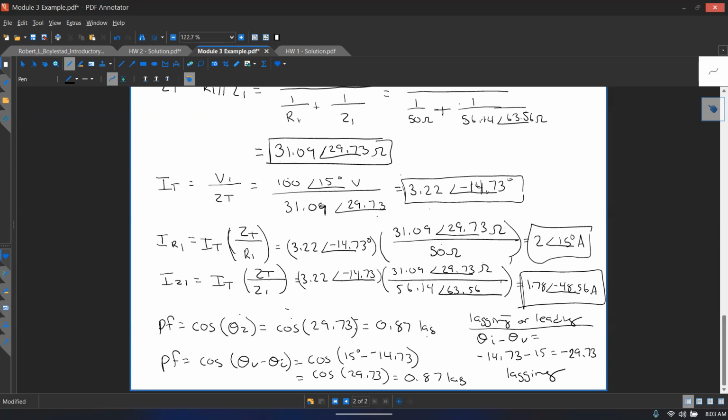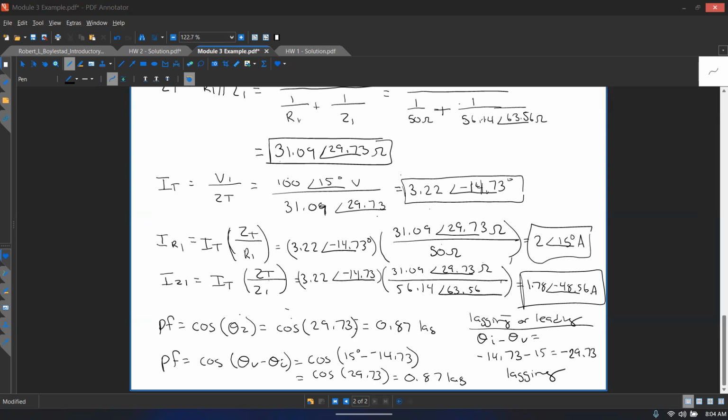At this point, we don't know if it's lagging or leading. Or we can use theta V, your voltage source angle, minus the angle of your current source, and we get the same thing.